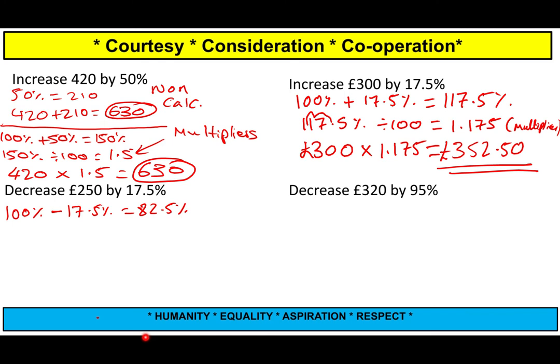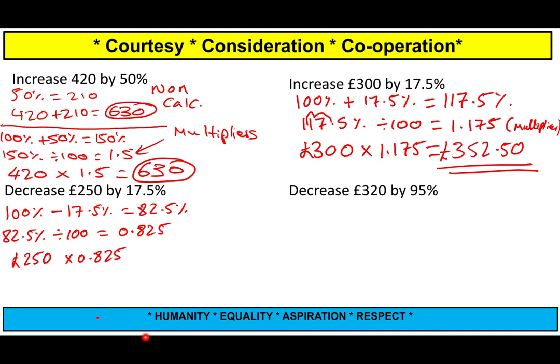Okay, now I'm going to change that to a decimal to get my multiplier. So 82.5% divided by 100 will give me 0.825.